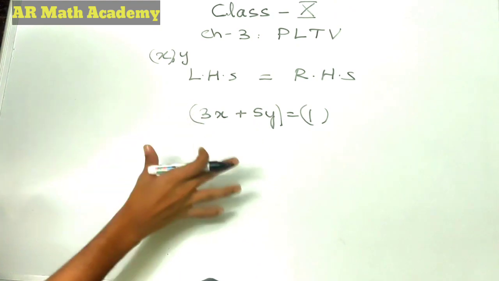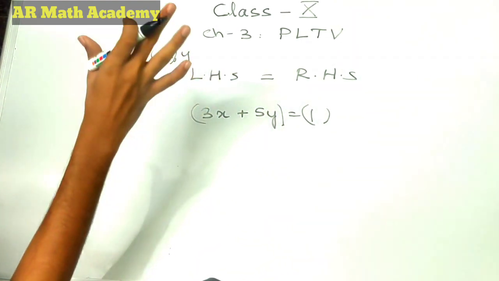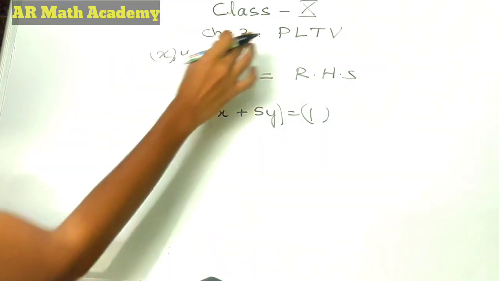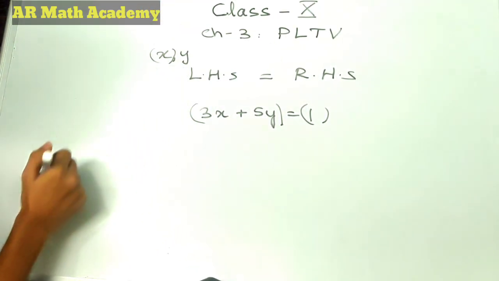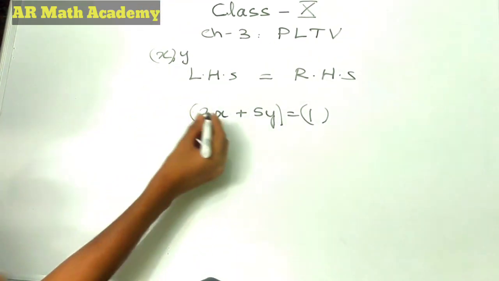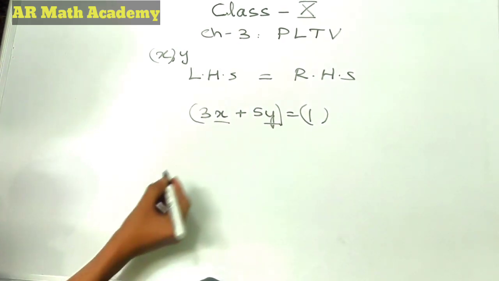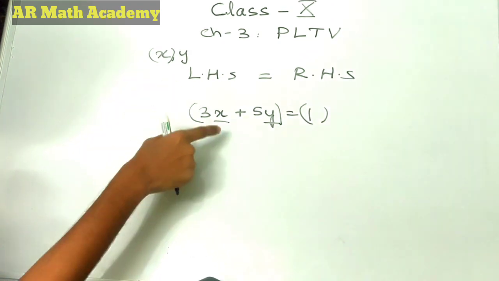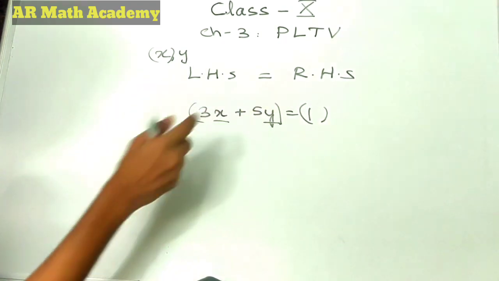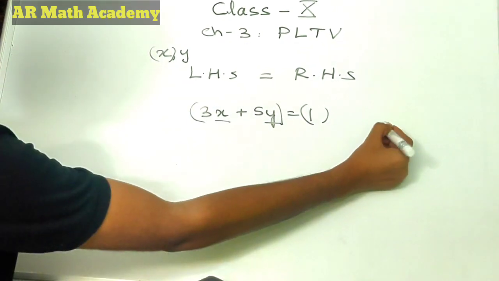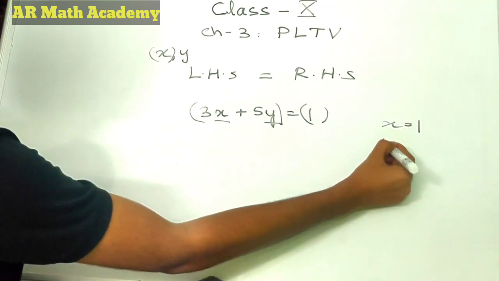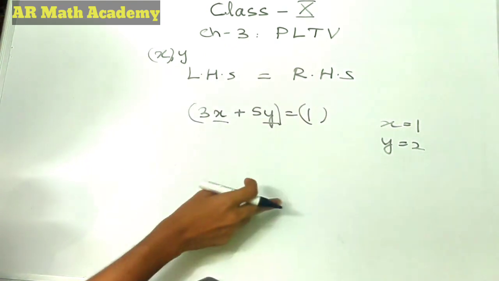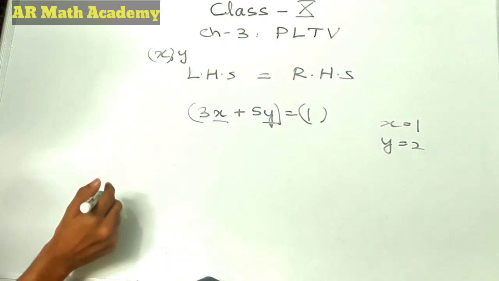Now you clearly get the concept of why an equation is called so and what are some examples of equations. As of this chapter we will be dealing with two variables, and the two variables over here are x and y. As I already told you, many values can be substituted in place of x as well as y. So let me substitute the value of x as 1 and the value of y as 2. I am taking two random numbers and substituting them in place of x and y.